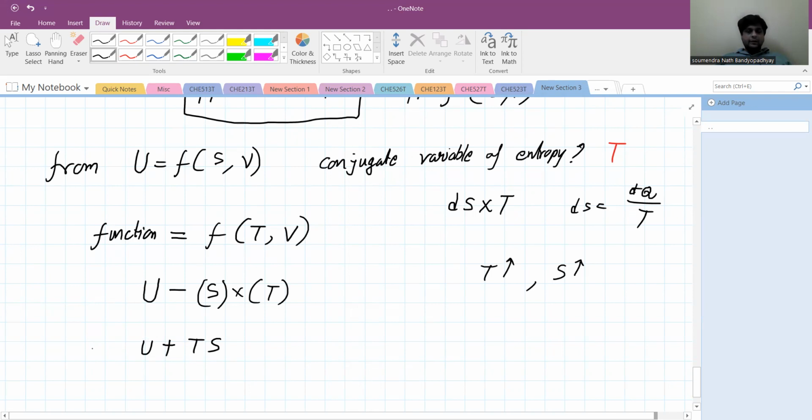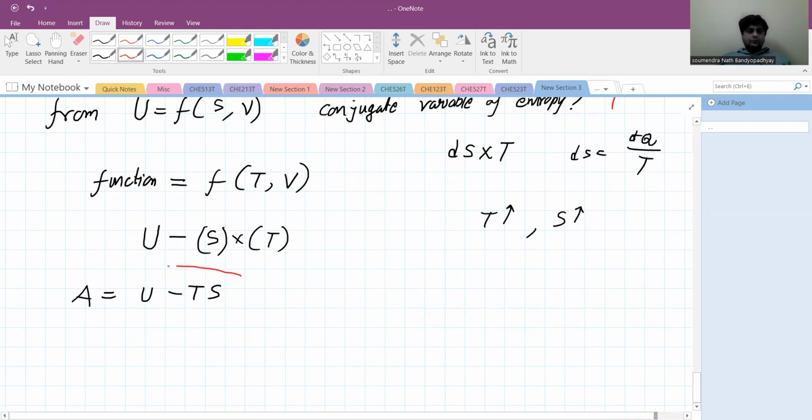Do you remember what is U plus TS? Sorry, not plus. U minus TS. So what is the function? U minus TS, it is the Helmholtz free energy. A equals U minus TS.